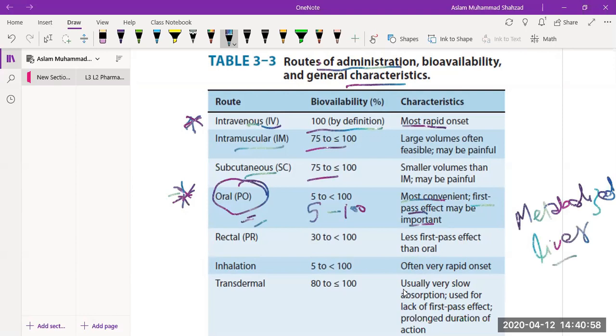Sometimes a drug that has been given is in an inactive form.